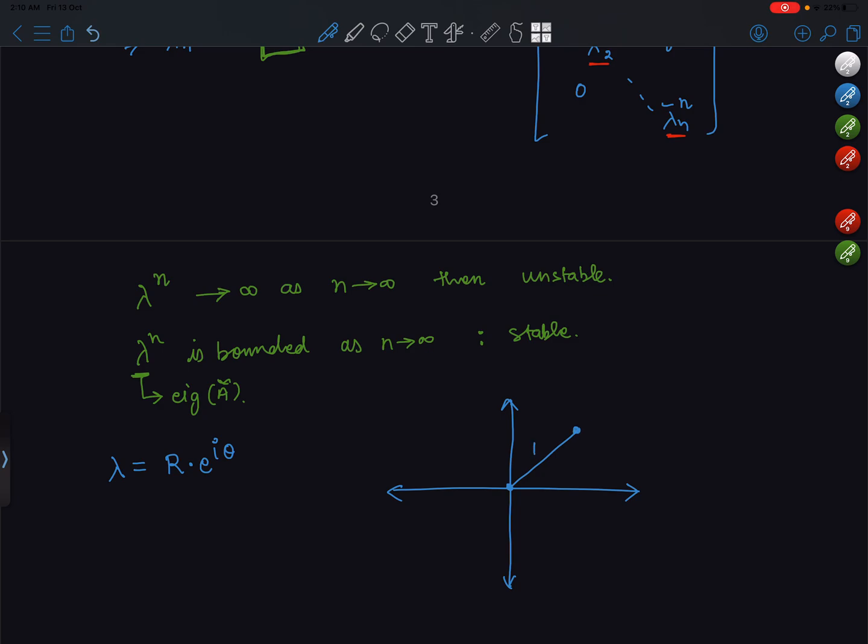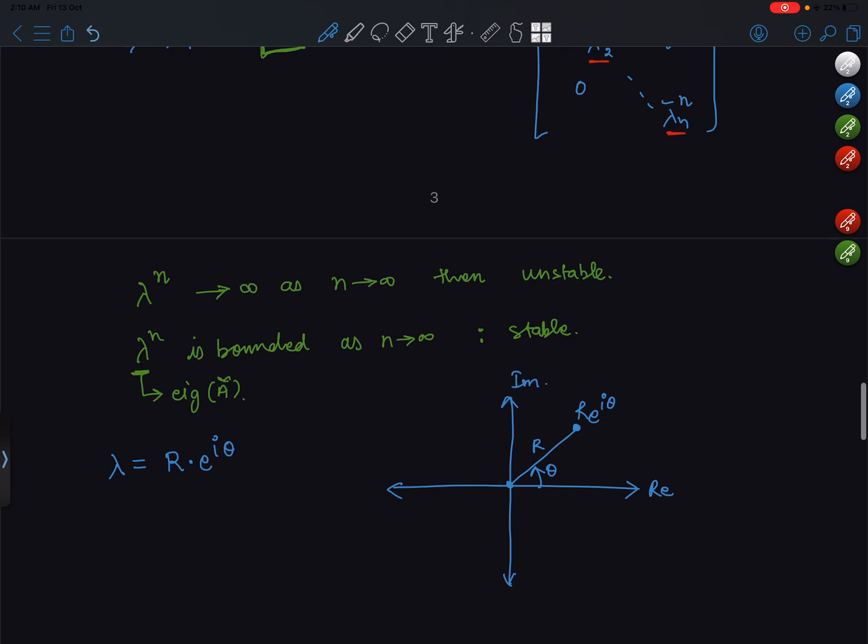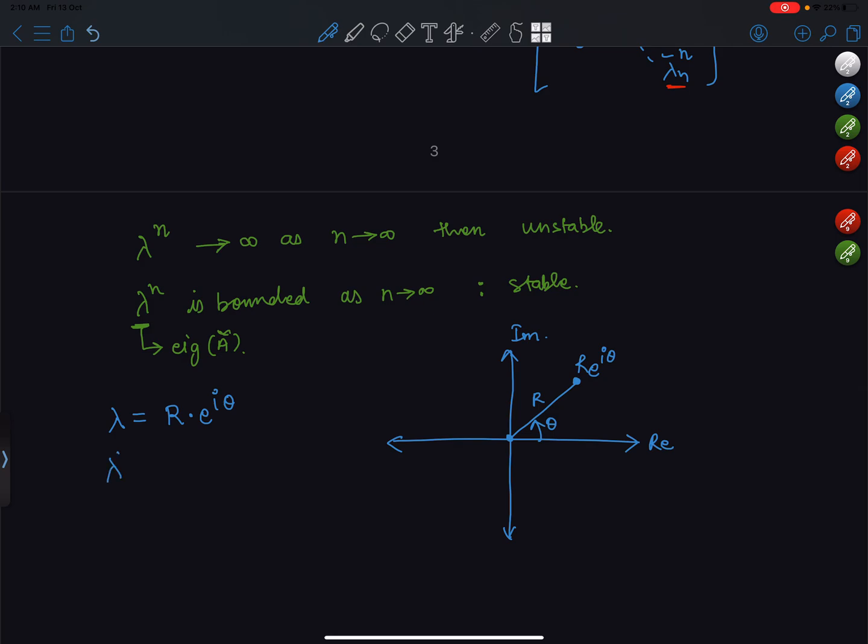So let's say this is r e to the power iota theta, where this is theta. This is the real axis, this is the imaginary axis. So any complex number can be represented in these polar coordinates. Now if we raise the eigenvalue to the power n, we raise the absolute value to the power n and e to the power iota n theta.